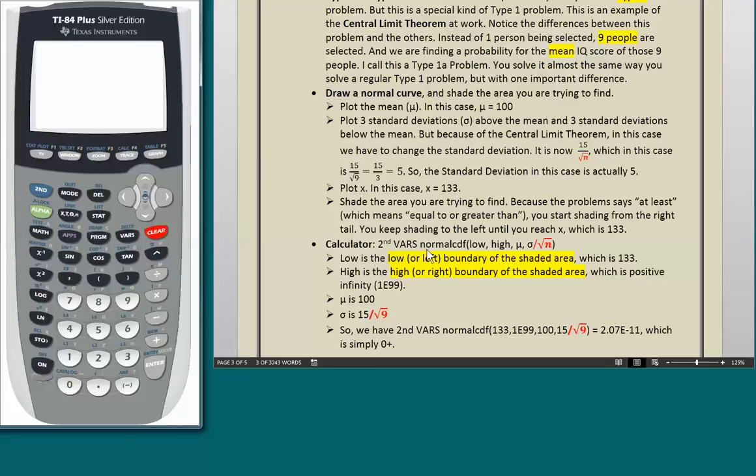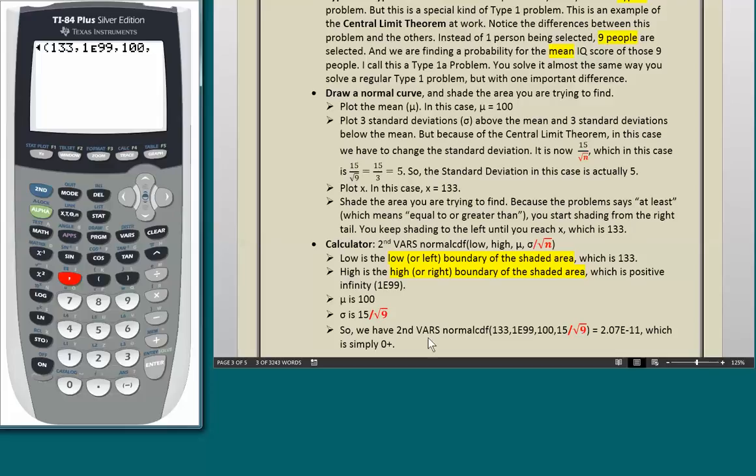So once again, second vars normal CDF, the low boundary of our shaded area is 133. The high boundary is positive infinity, 1 e 99. Mu is 100.